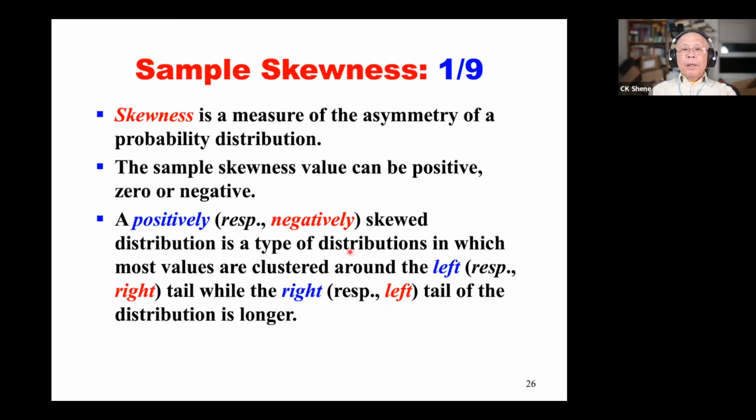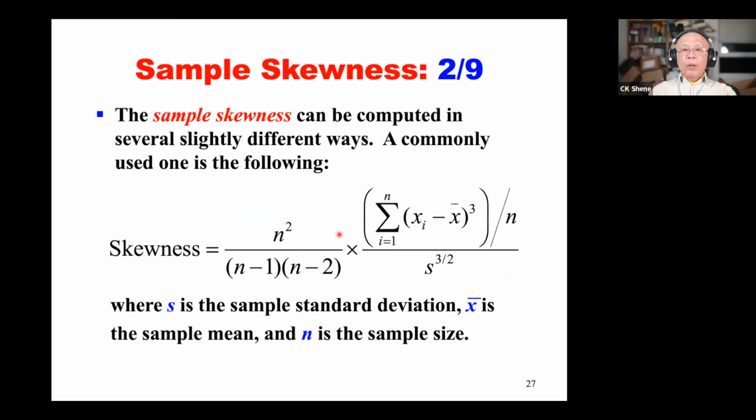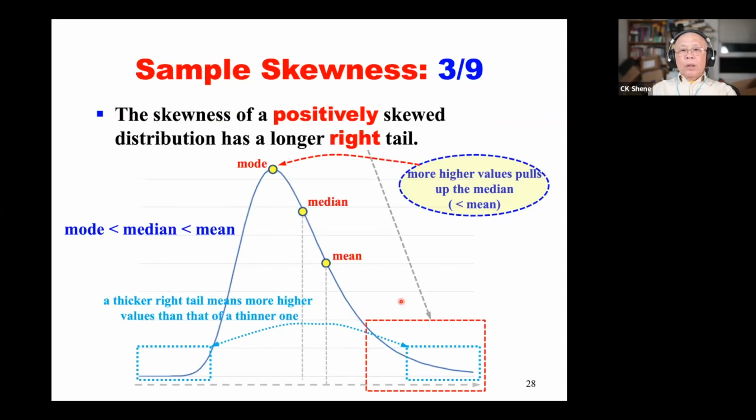On the other hand, a negatively skewed distribution would have more values clustered around the right part, and the left part is longer. The calculation of skewness is this, where x bar is the sample mean, s squared is the sample variance, n is the sample size. So here is a diagram.